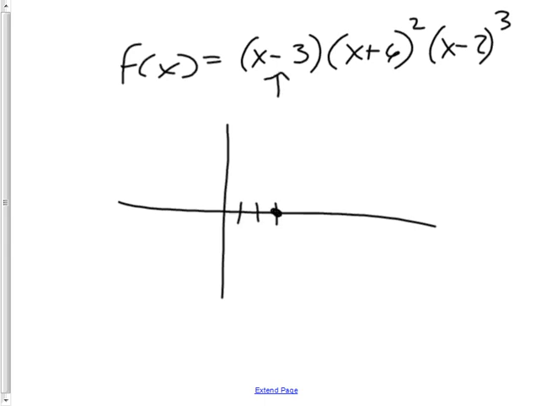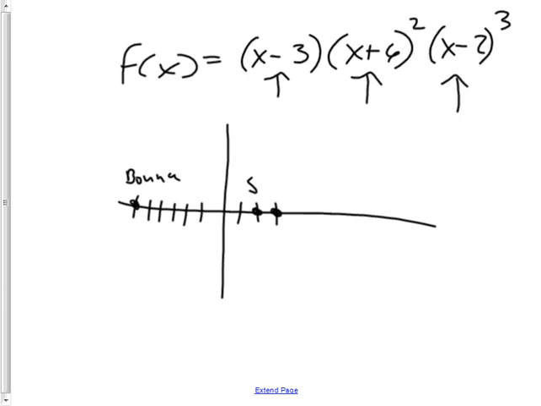I know it has to hit at negative 6 because of that. And it has to bounce there. And here it has to be a snake at positive 2. That's the snake right there.